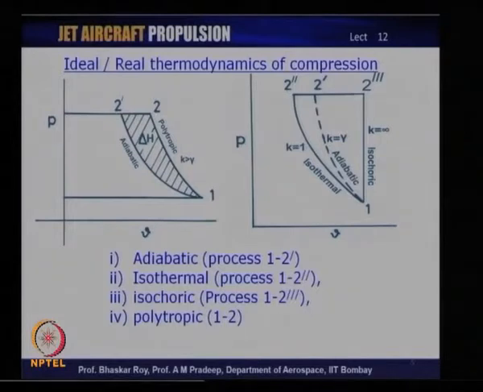In case of an isothermal process, k would be equal to 1, and in case of an isochoric process, k would be infinity. So, these are the theoretical possibilities, in which the polytropic process is a realistic process, which does not conform to any of these adiabatic, isothermal or isochoric theoretical possibilities, but is a general polytropic process.